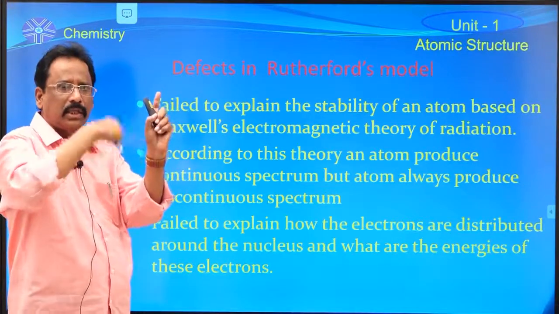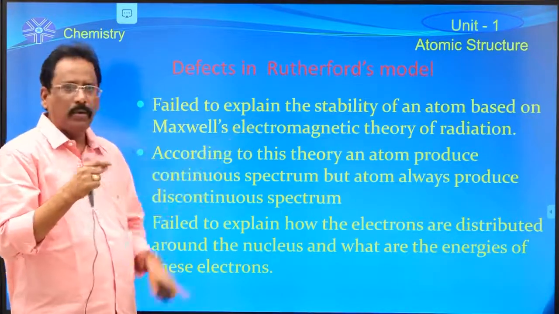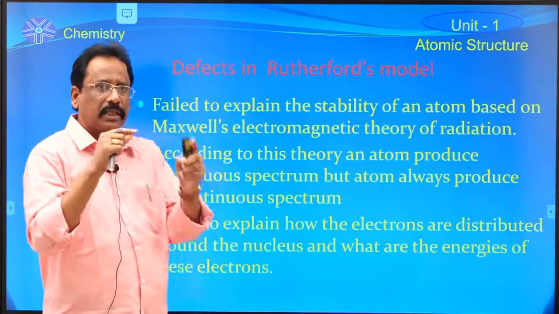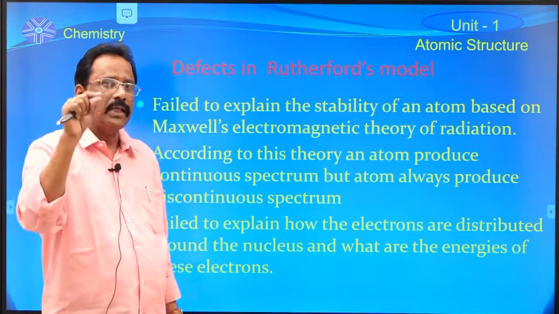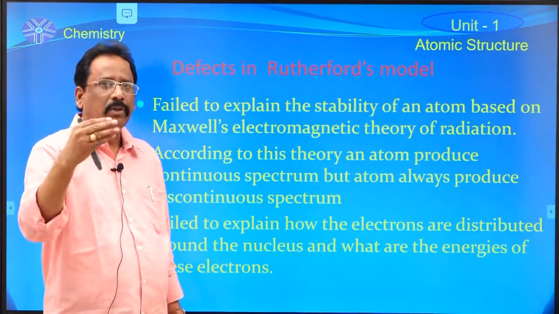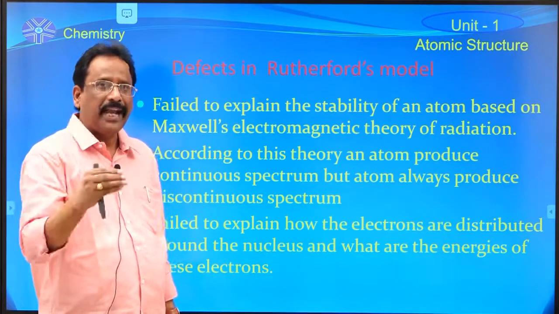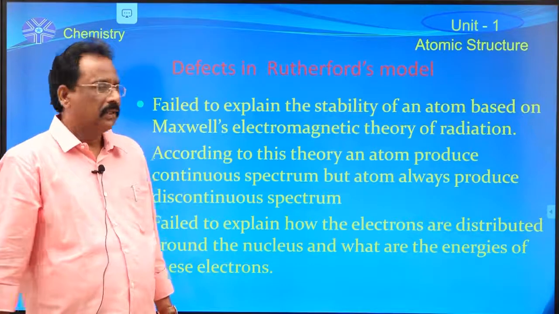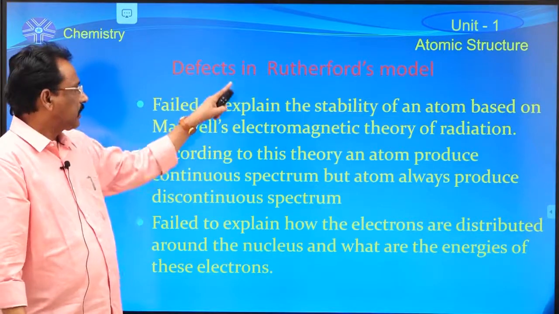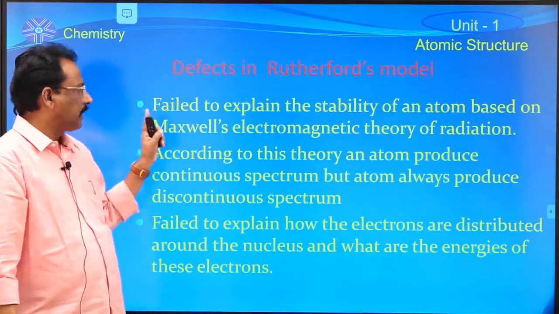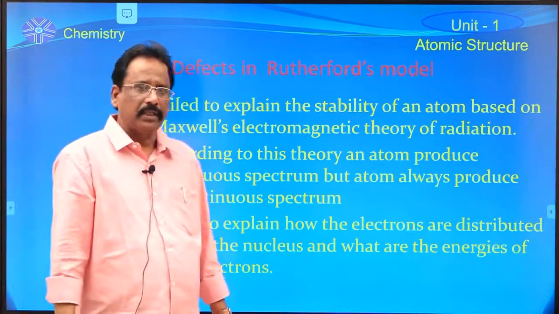It also revolves around the nucleus in a circular path. That's why, based on Maxwell's theory, every revolving charged particle like an electron loses its energy continuously, and at a particular time that electron may fall into the nucleus. At that time, the atom will collapse. That means, like Thomson's atomic model, this model also failed to explain the stability of an atom based on Maxwell's electromagnetic theory of radiation.